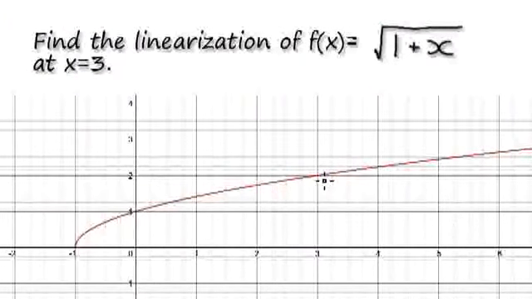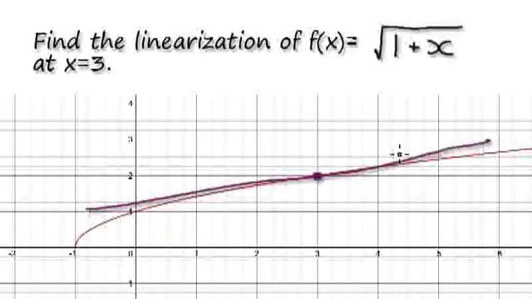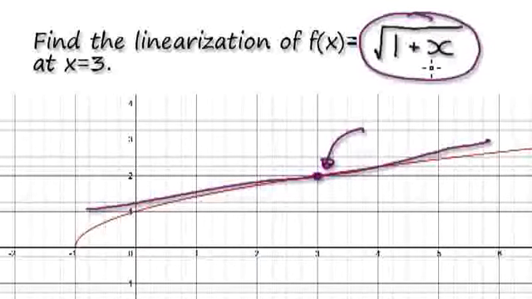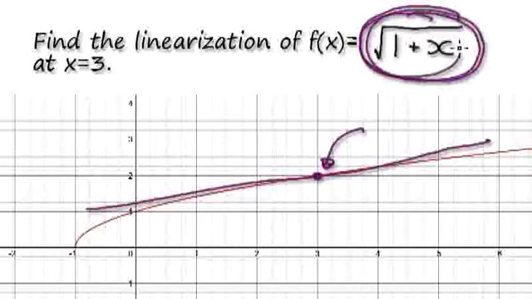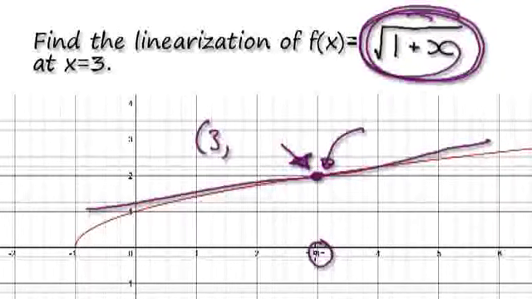So in order for you to find the equation of this tangent line, you will need to know the gradient at this point here. To find the gradient, we would need to differentiate this. Once you've differentiated this, you can find the gradient at this point, and then you need to know the coordinates at this particular point. The coordinates will be 3, comma, and then you put this 3 into the original function.